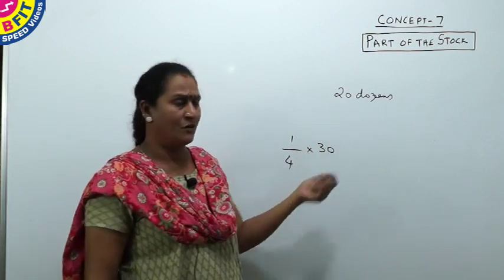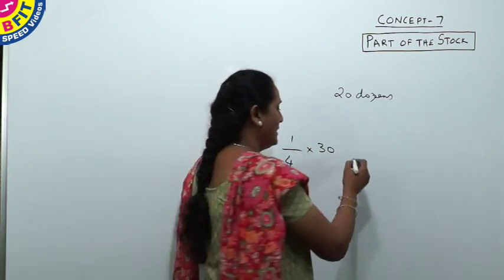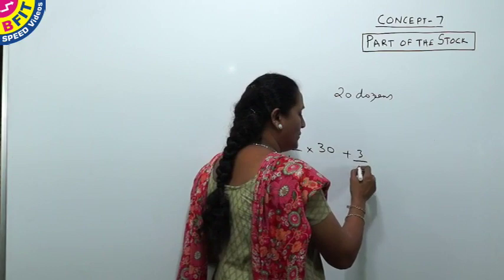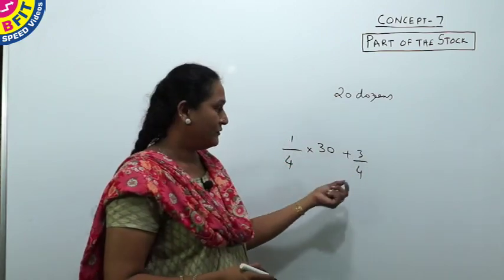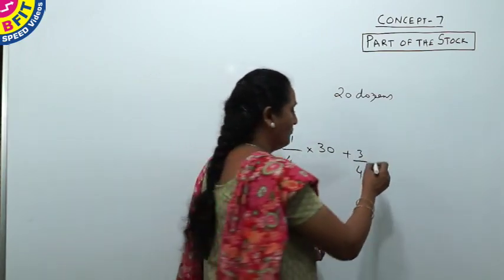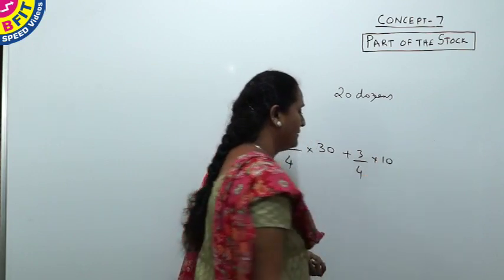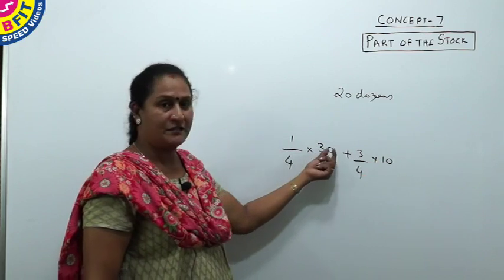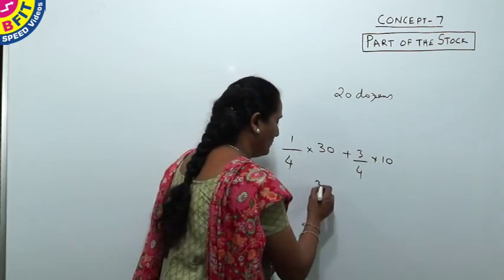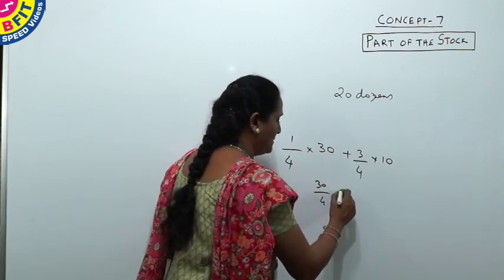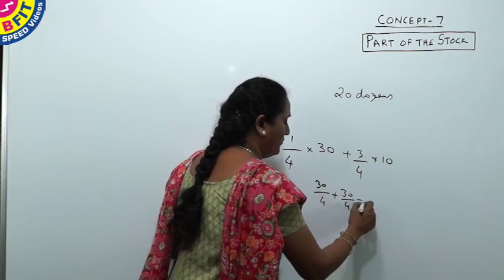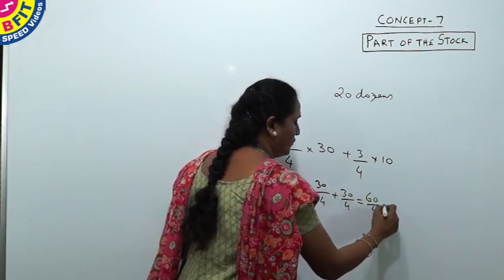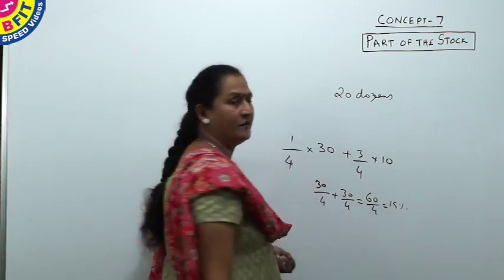So 1/4 of the stock at 30%, and the remaining also at profit. The remaining is 3/4 of the stock at 10%. We are asked to find the overall profit percent. So here it is 30/4 plus 30/4, that is 60/4 or 15%.